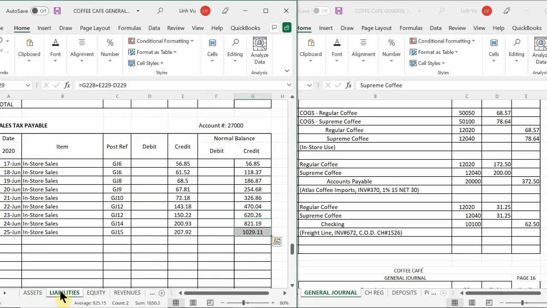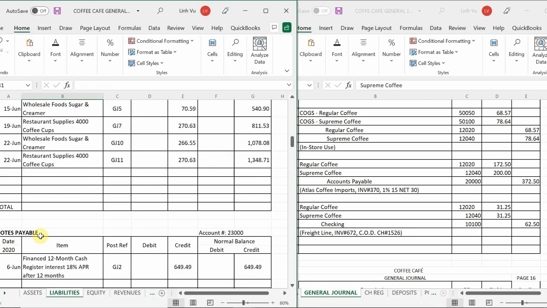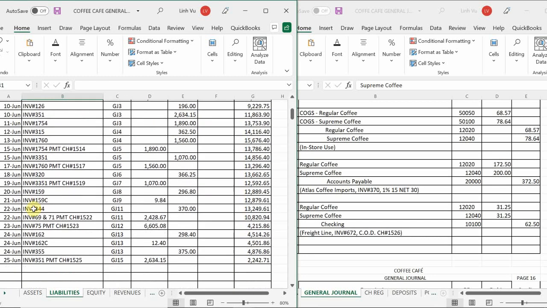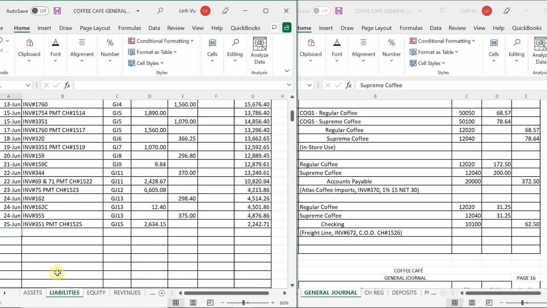Last but not least, we have an accounts payable account. Invoice number 370. For a total of 272.50.